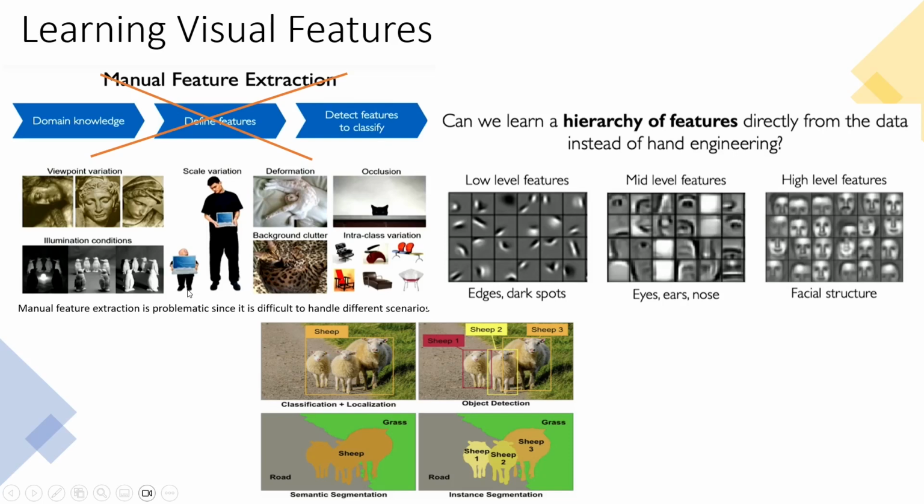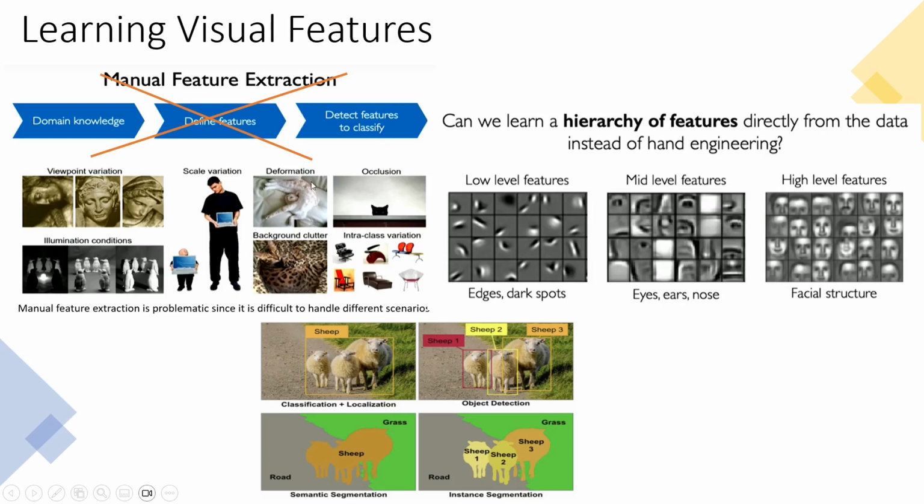And if you define a manual feature for human detection, for example, and you define the minimum height of a person should be like 1 meter, then you would neglect this guy. Or if you define a feature which says, okay, the maximum height of a human should be like 2 meters, then you would neglect this guy. So there are always these scale variations within classes.